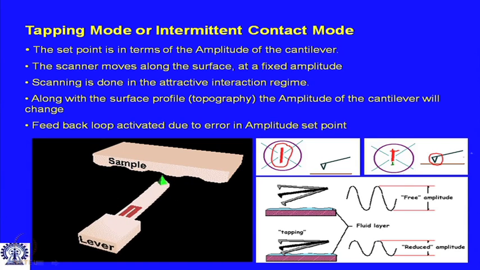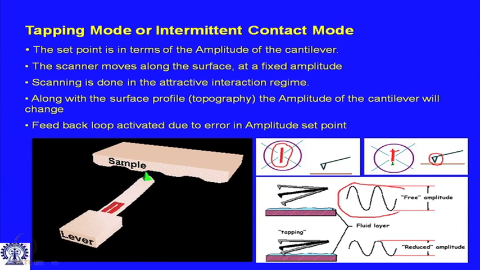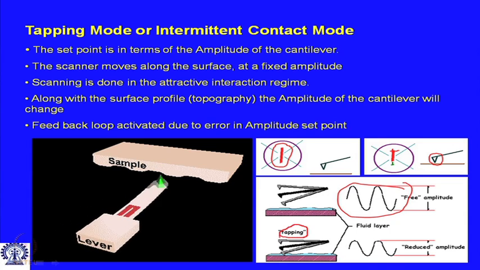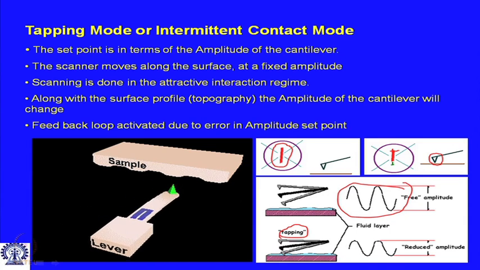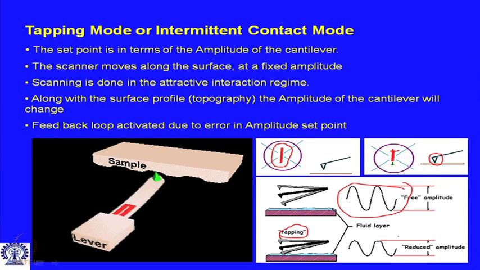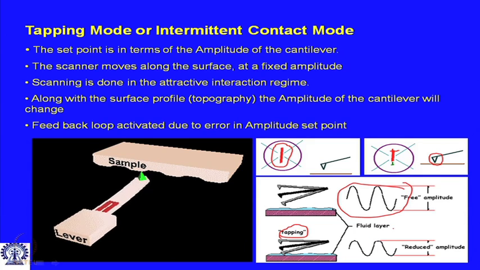So, this again gives you an idea. This is the free amplitude, and here since it is tapping on the surface, due to the confinement imposed by the surface, the amplitude gets reduced, and based on this you set your set point.